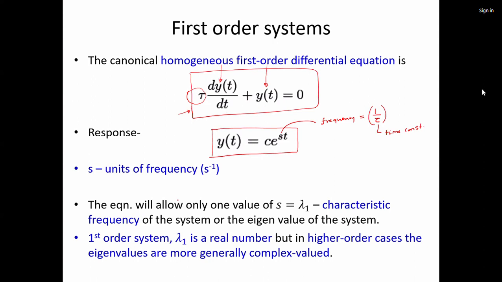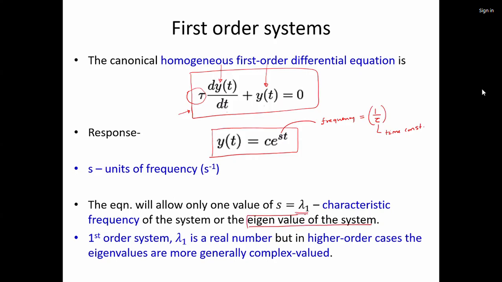So this equation will allow only one value of the frequency. Let's call that value lambda 1, which is a characteristic frequency of the system or the device that we are talking about. This characteristic frequency is also known as the eigenvalue of the system.